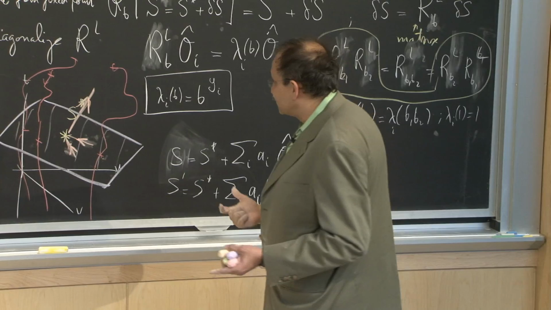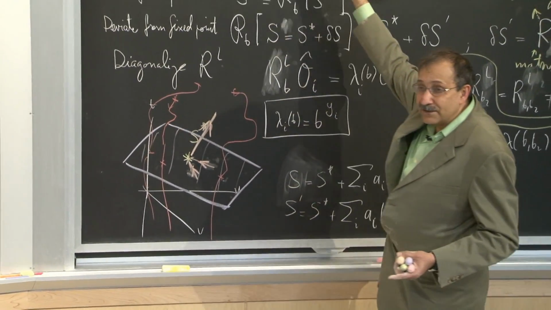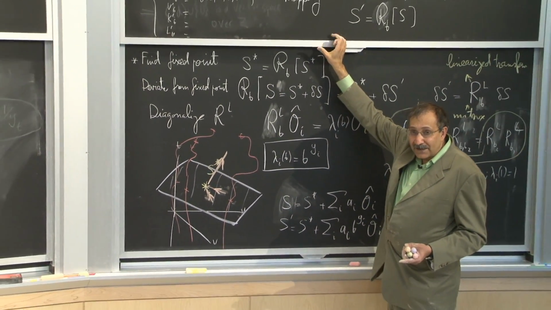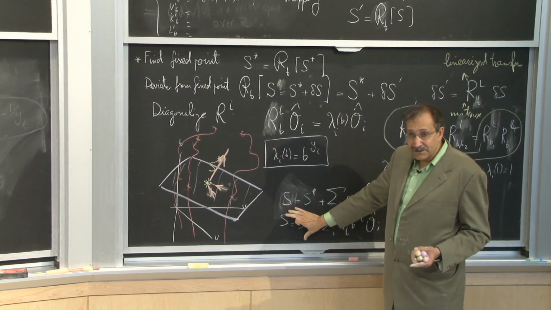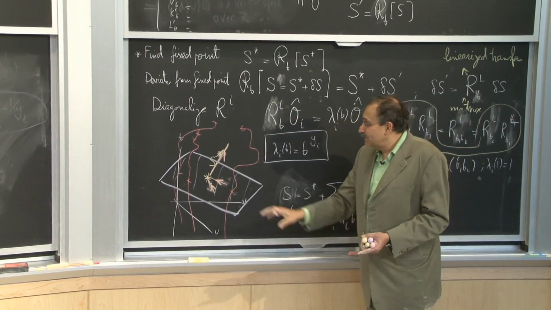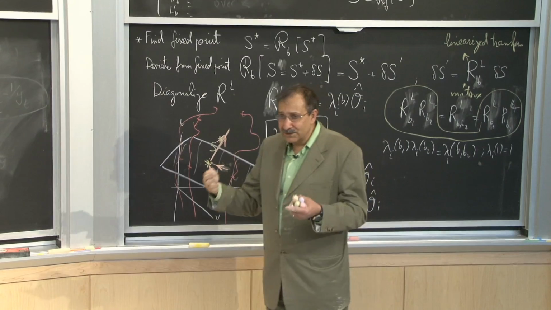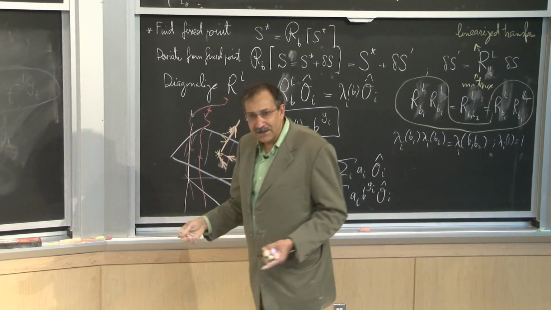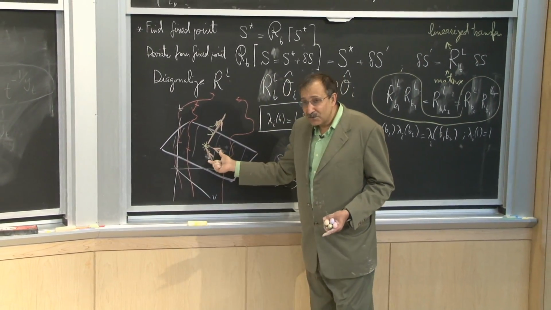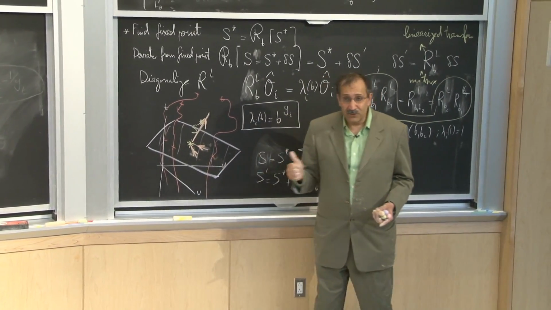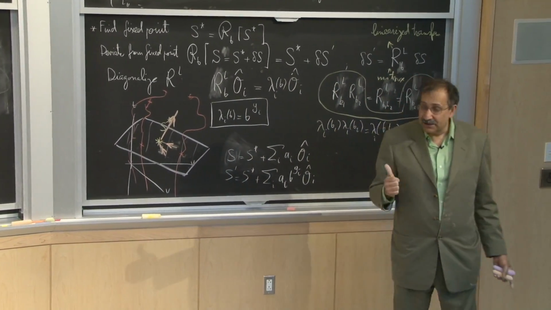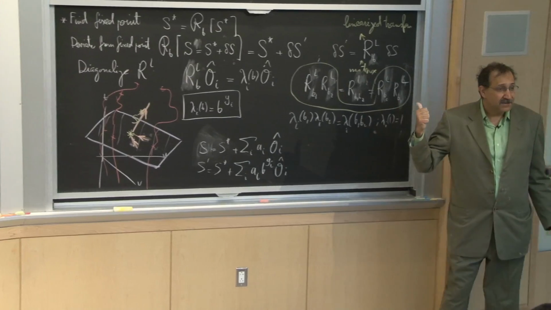So that's part of the story. I better find a theory that at the end of the day, when I do all of this, I find a fixed point that not only is well behaved and is not a limit cycle, but also a fixed point that has one and only one relevant direction, if that's the physical system that I'm describing.